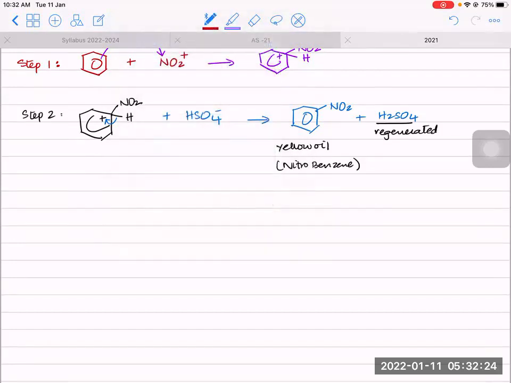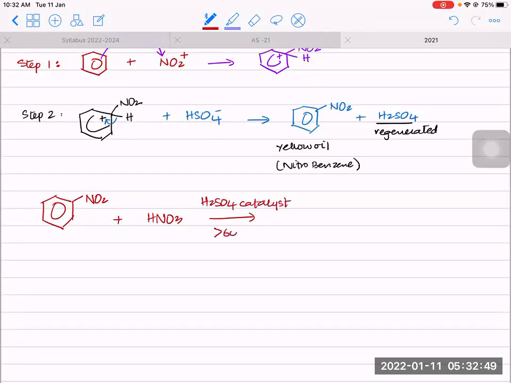So let's see. If you have a nitro group already attached, so if you have NO2, this with HNO3 in the presence of sulfuric acid as catalyst at a temperature greater than 60 degrees Celsius will cause dinitration.